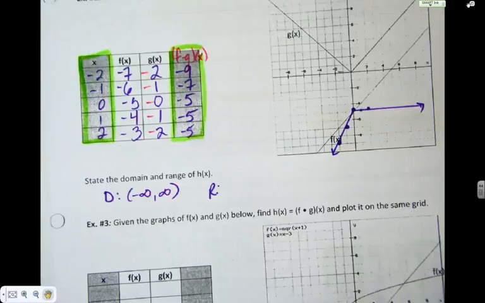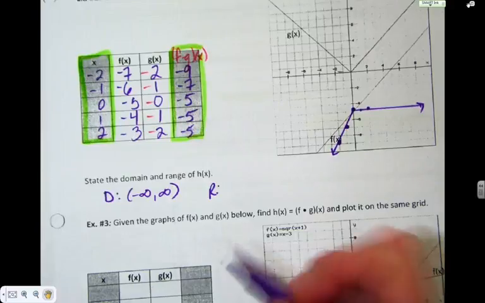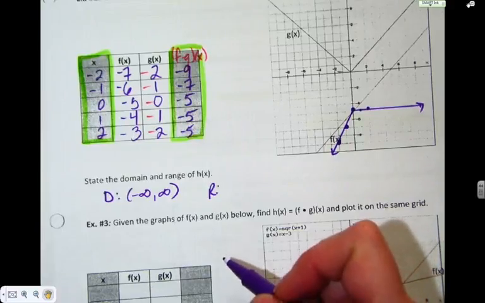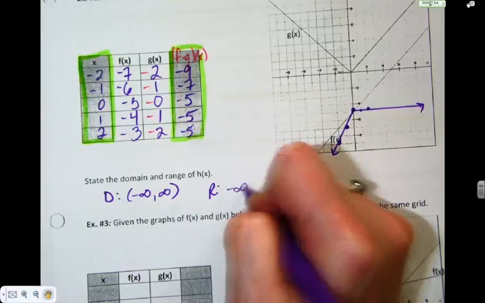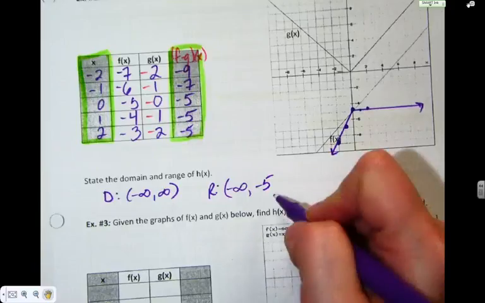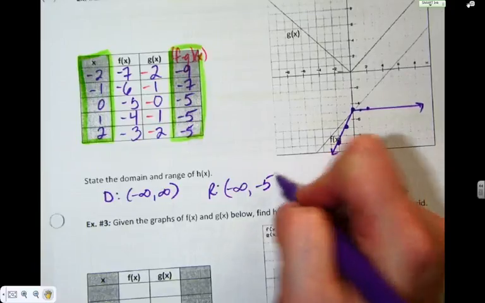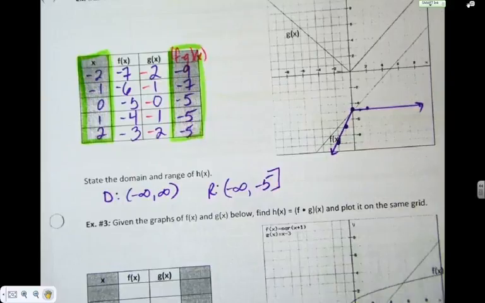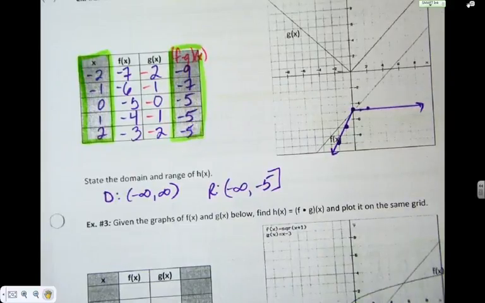Nobody confirming? Okay, range? Including -5 or not including -5? So round bracket or square bracket? Square bracket. Confirm? Questions so far? Yes, this is as hard as it gets.